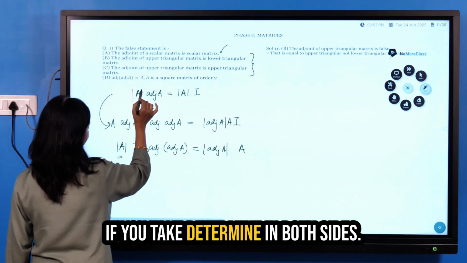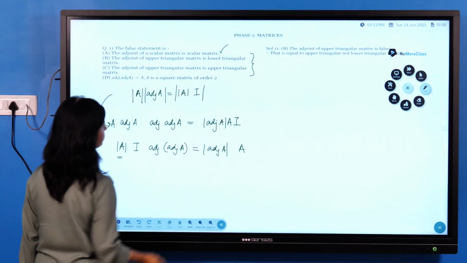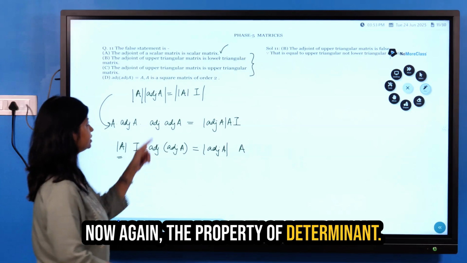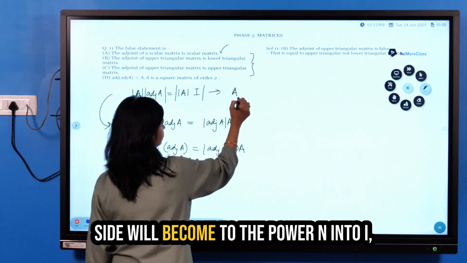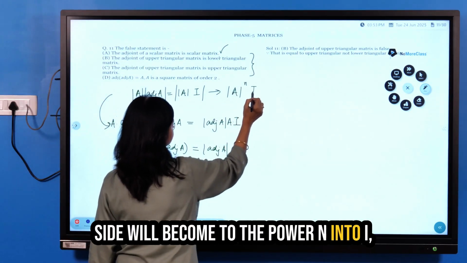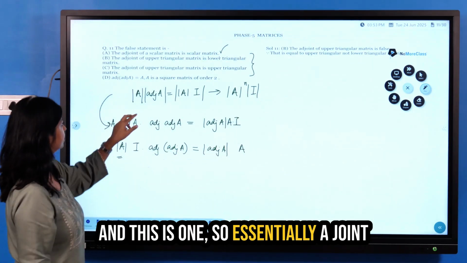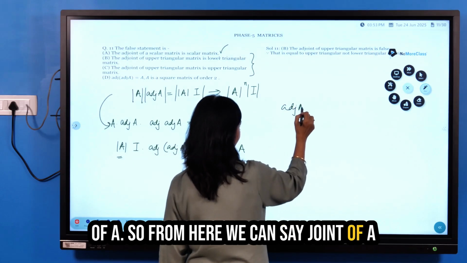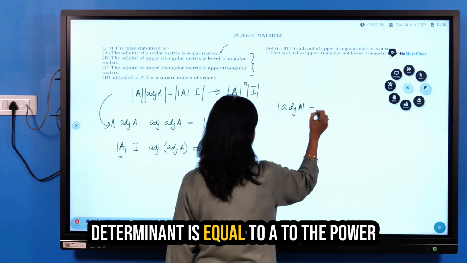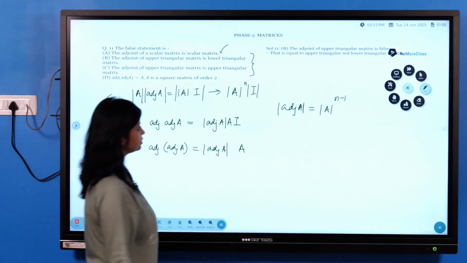For that again we go back to this. If we take determinant on both sides, now again by the property of determinant, if a scalar quantity is multiplied, it will become the scalar to the power n into determinant of I, and this is 1. So from here we can say the determinant of adjoint of A is equal to the determinant of A to the power n minus 1.